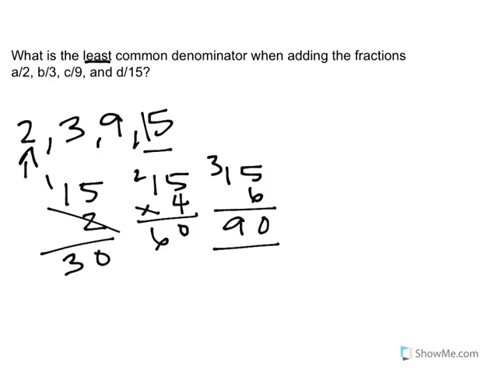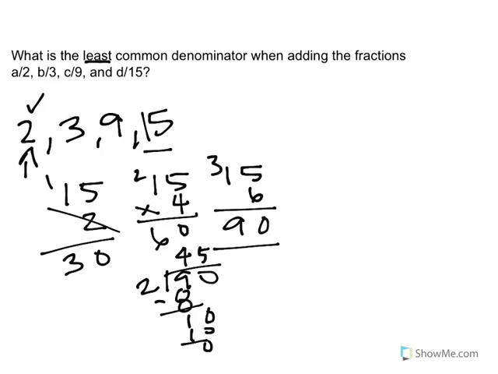Now, can all of these numbers go into 90? Well, 2 can go into 90 45 times. 4 times 2 is 8. Minus gives us 1. Bring down the 0. 5. So 2 times 45 equals 90, so that one checks out. 90 divided by 3, well, 3 goes into 9 3 times.